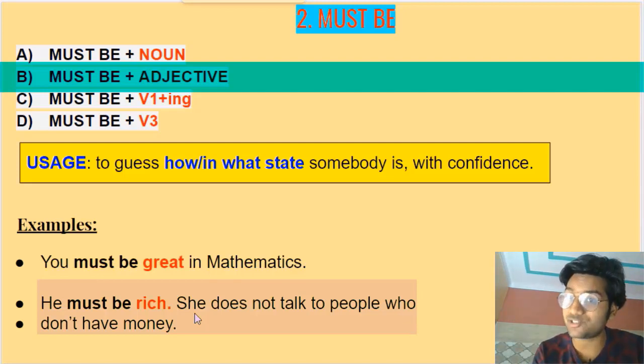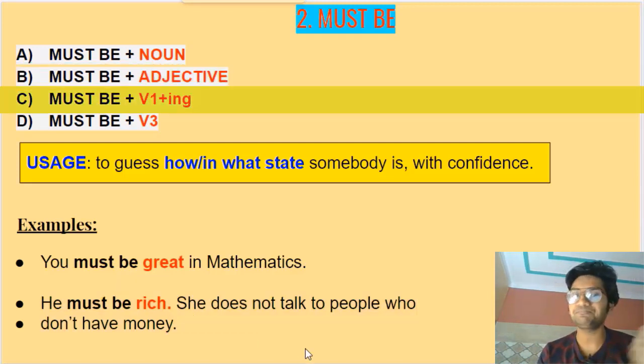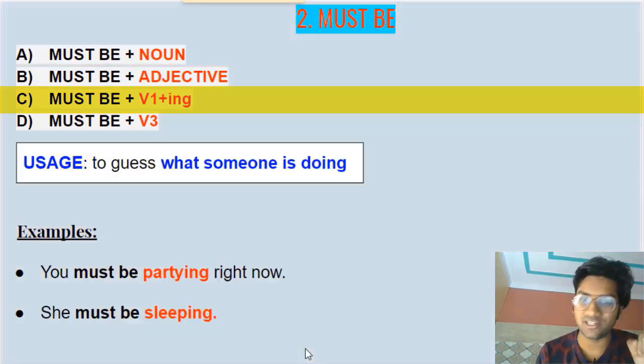He must be rich because she generally doesn't date people who don't have a lot of money, which is not a right thing to do. But anyway, she does it. So we're guessing he must be rich, using an adjective to describe that person. That's how we use must be plus an adjective.